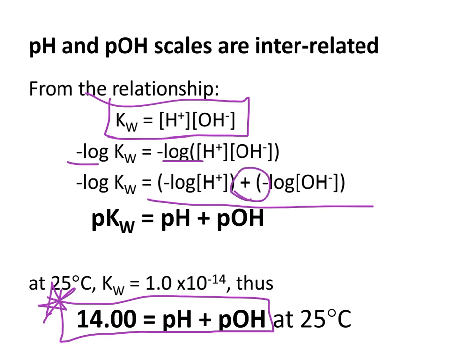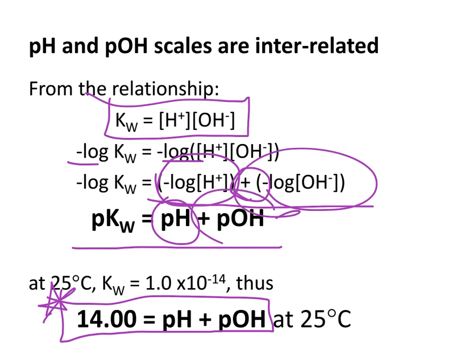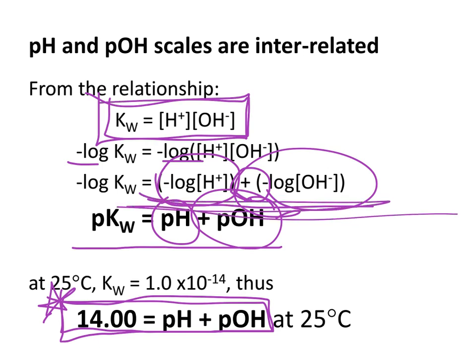And so that eventually leads to the pKw equaling the pH plus the pOH. Keep in mind that negative log of H plus is pH, negative log of OH minus is pOH. Those are their own formulas. We can put this all together using the Kw of water, and we can get that 14 equals the pH plus the pOH, even though 1 times 10 to the negative 14th was equal to the concentrations times each other. And that's all from the rule of logarithms.